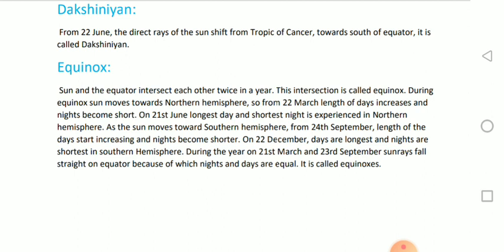As the sun moves towards southern hemisphere from 24th September, length of the day starts decreasing and nights become longer. On 22 December, days are longest and nights are shortest in southern hemisphere. During the year on 21st March and 23rd September, sun rays fall straight on the equator, so nights and days are equal. It's called equinox.